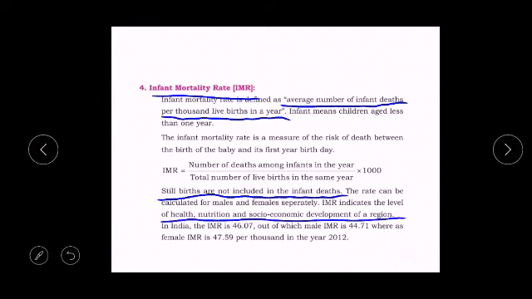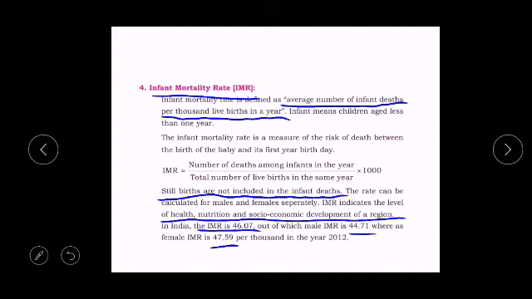So in India, IMR is 46.07 per 1,000 live births. That is, 46.07 babies die before reaching their first year birthday, out of which male IMR is 44.71, whereas female IMR is 47.59.